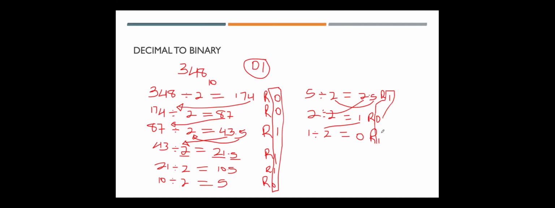From bottom here, going upwards, which is the most significant digit, and then going up to the least significant what? Digit. This is the least significant digit in our case. And then this is our most significant what? Digit.